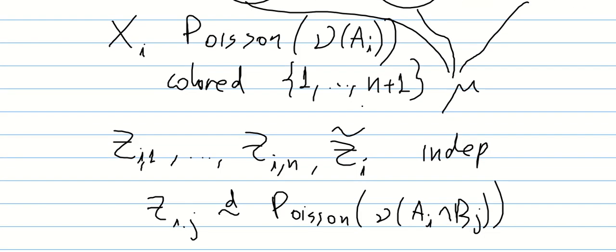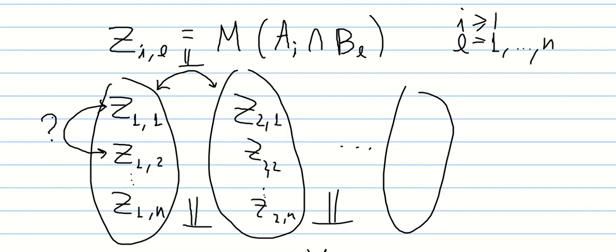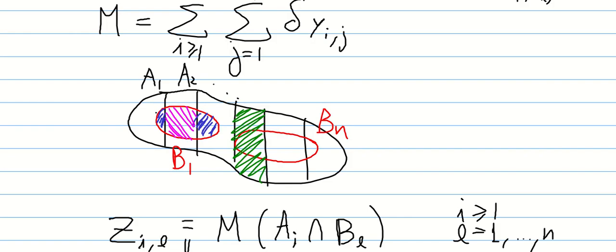So by the thinning lemma, we see that this is also independent. In the end, once we sliced the space in all the i's and j's, we got everything independent. This is independent of this, which is independent of this, which is independent of this.